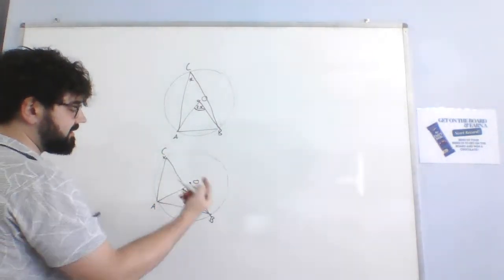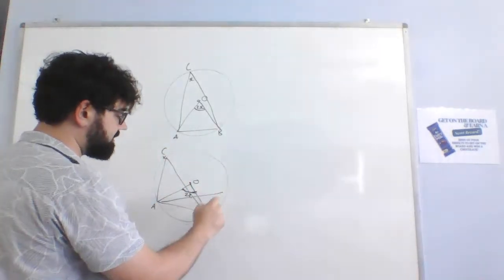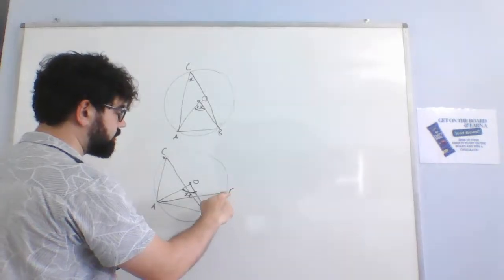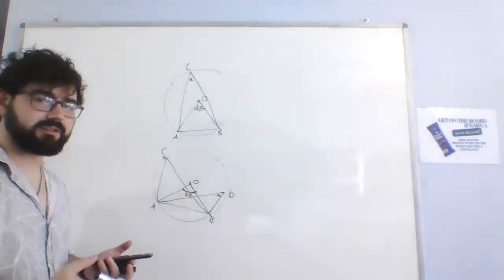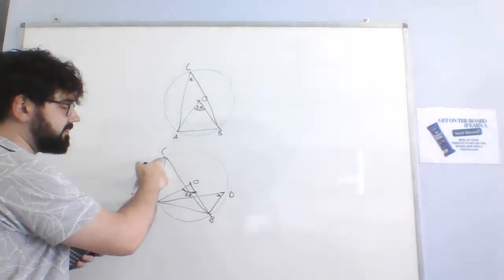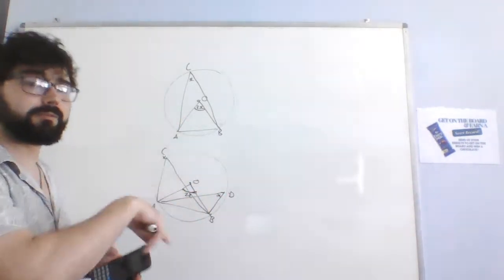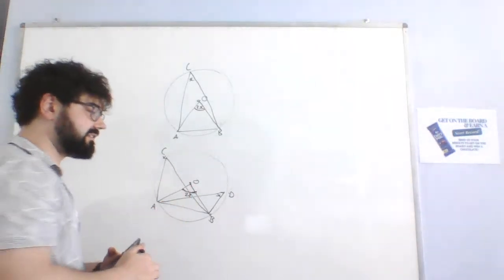And if it subtends an angle at the center, it's always going to be double the angle at the circumference. So if we had to subtend another angle from AB, we'll call that D, then that would also be x. That's angles in the same segment. Angles in the same segment will always have both of the angles being subtended on the circumference, whereas if one of them's at the center, it's angles at the center.